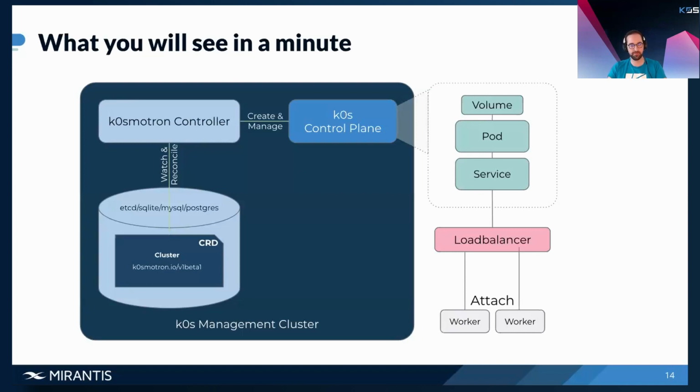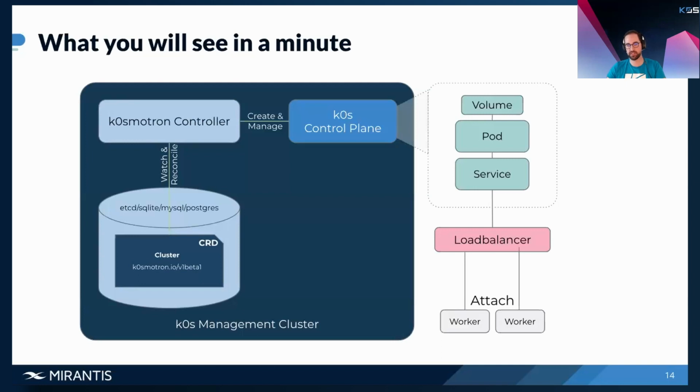And if you remember, I've mentioned control plane isolation and the lower footprint in public clouds. It's very similar to EKS, for example, or AKS, managed service offerings. So you don't see the control plane. You're paying for a highly available control plane. And with k0smotron, you can do the same.